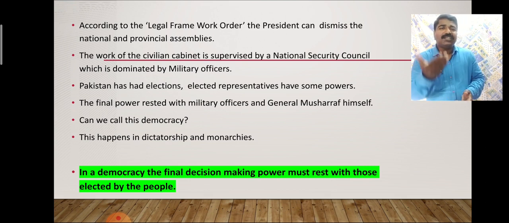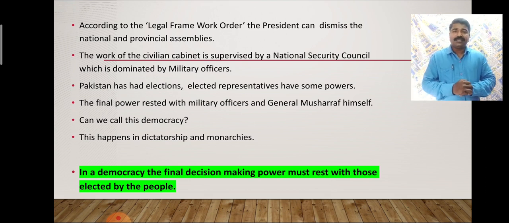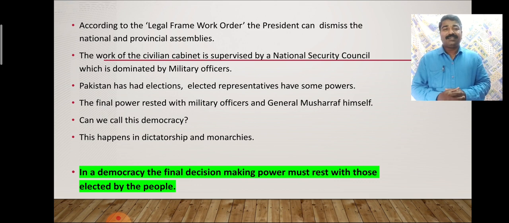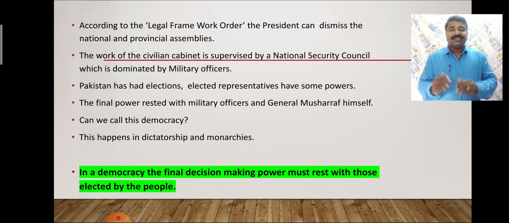What do you think about the national and provincial assemblies? These assemblies are headed by democratically elected people. But the president can dismiss them at any time with this new law, the legal framework order.